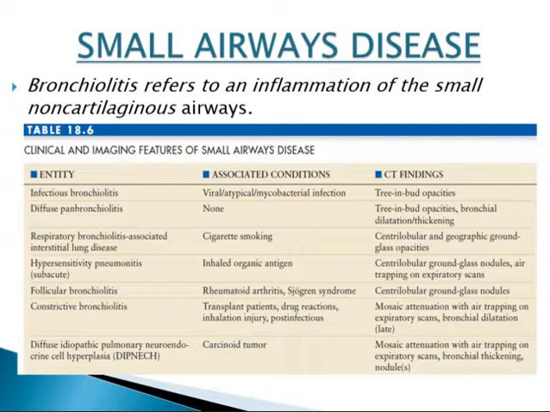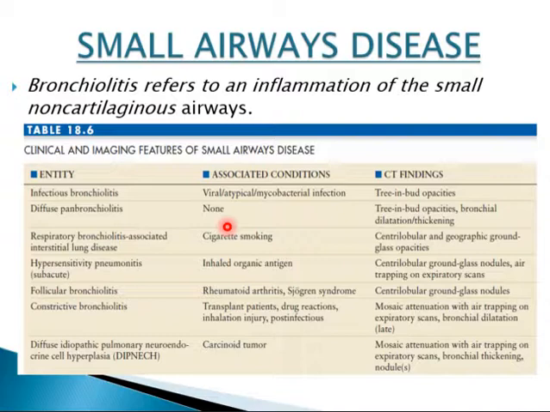The CT findings are tree-in-bud opacities. Diffuse panbronchiolitis is written here in the table as none, while in the text it is written that it may be associated with sinus disease. It also shows tree-in-bud opacities, bronchial dilatation, and thickening.